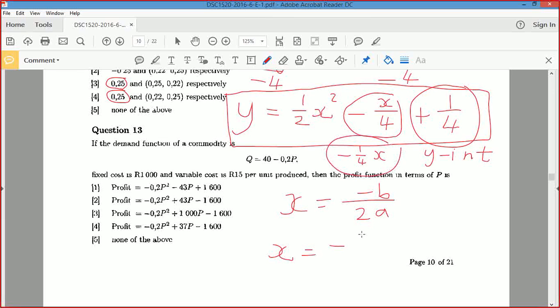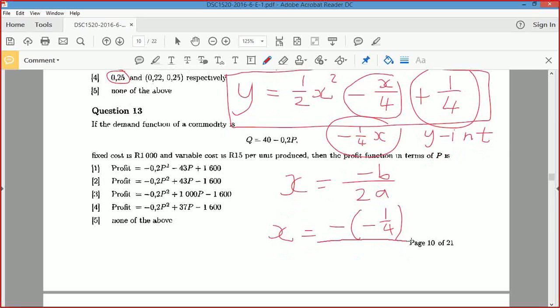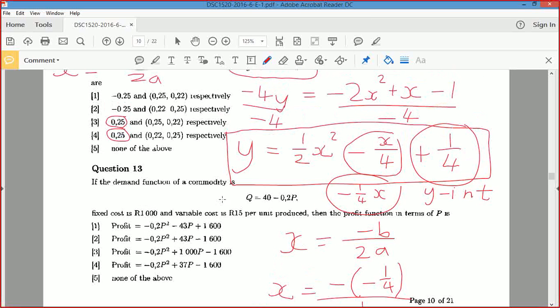So it's 1 over 4. So negative, minus 1 over 4, close brackets, over 2a. What's my a? It's a half. What's 2 times a half? It's 1. So minus times a minus is a plus. x is a quarter as well. So 3 is the right answer.